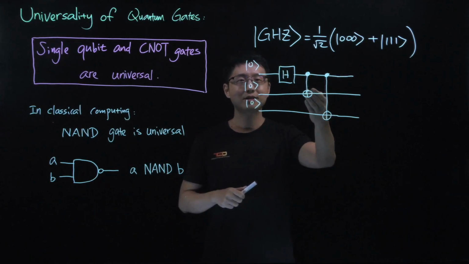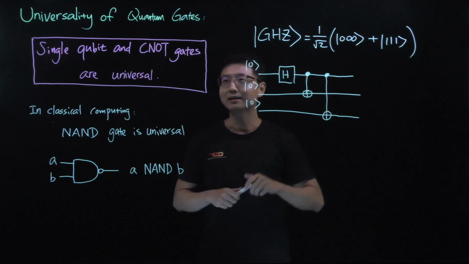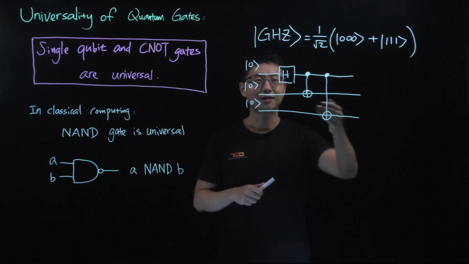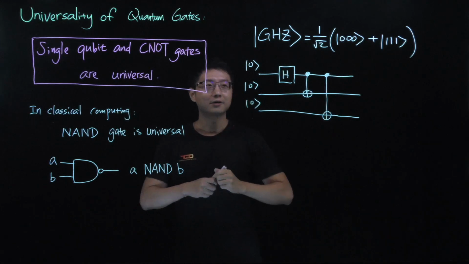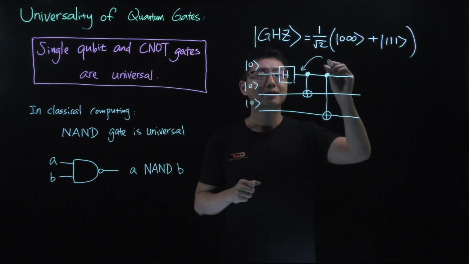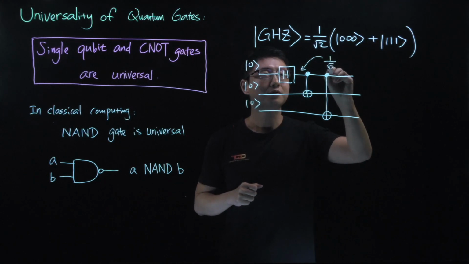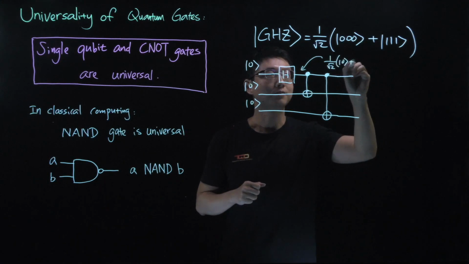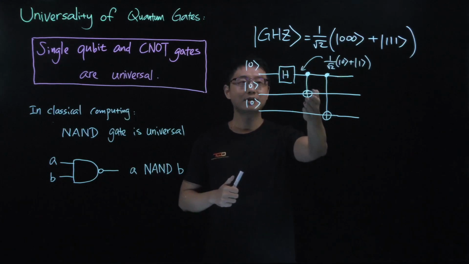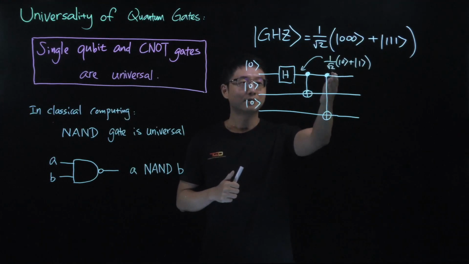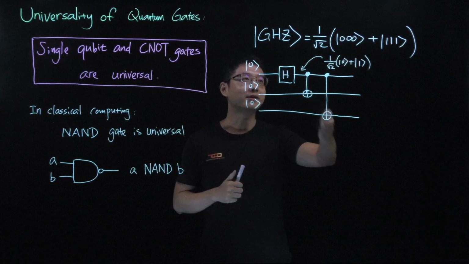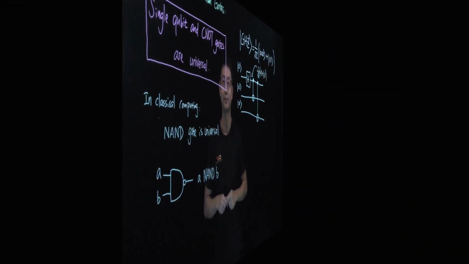The first CNOT is applied between the first and second qubit, and the second CNOT is applied on the first and the third qubit. So you can easily verify that at the end of the first Hadamard, the state goes to 1 over square root of 2, 0 plus 1. And the action of the first CNOT together with the action of the second CNOT, both are 2-qubit CNOT gates, will eventually produce this state.